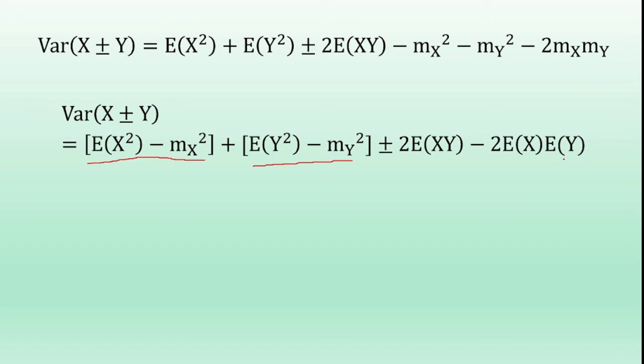So we know that in the concept of variance, the variance of a random variable is derived as variance of x is equal to expectation of x square minus expectation of x whole square.